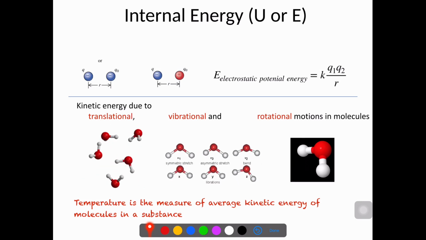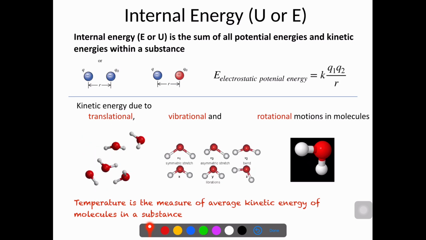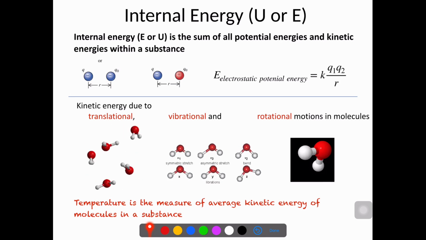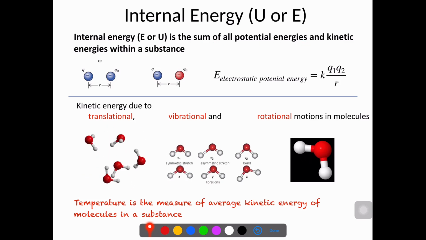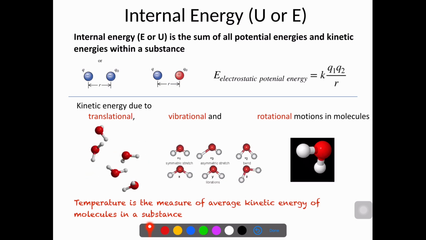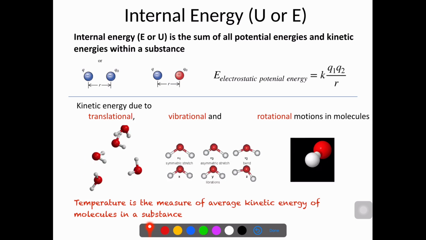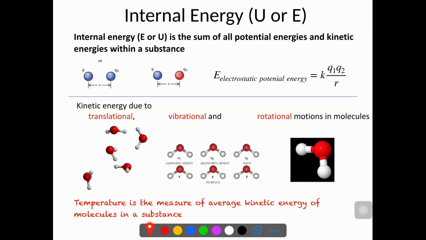It's the energy due to all potential and all kinetic energy within a substance. It's every possible energy within a substance. And different substances have different amounts of internal energies or chemical energies.